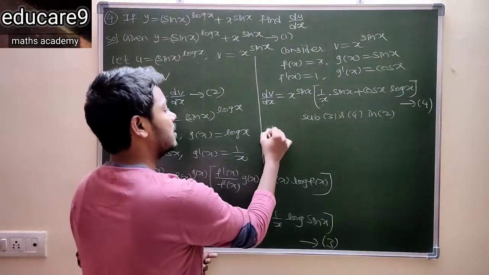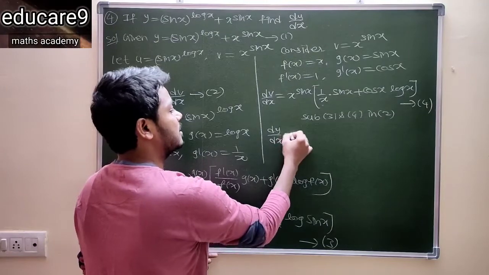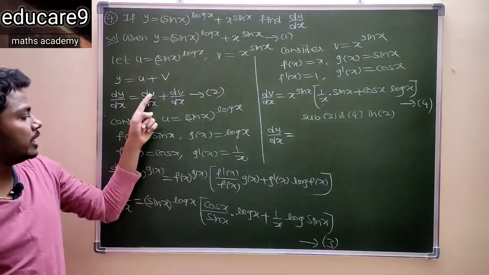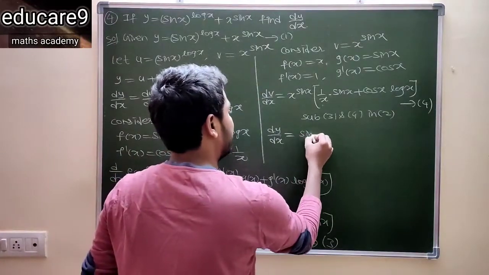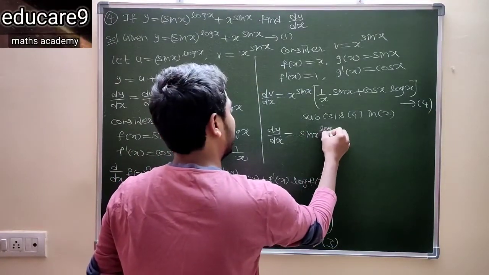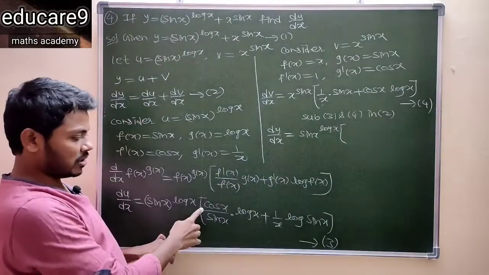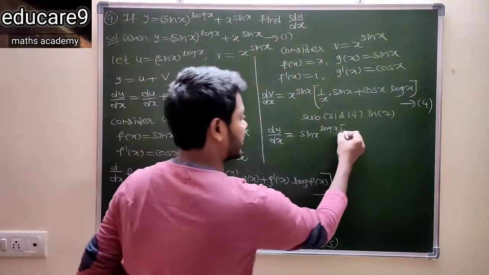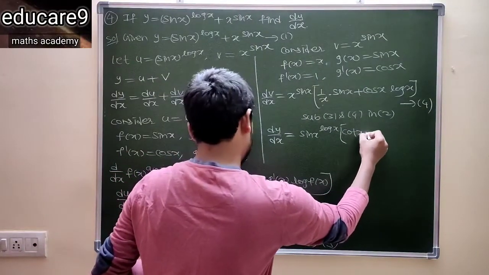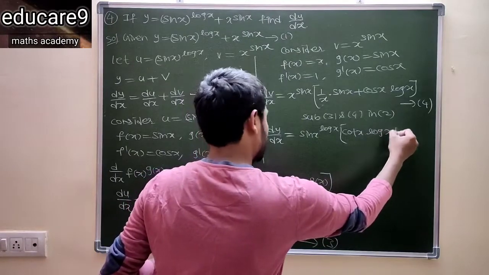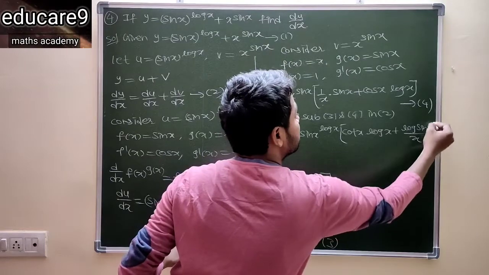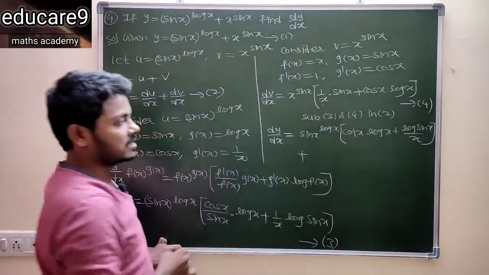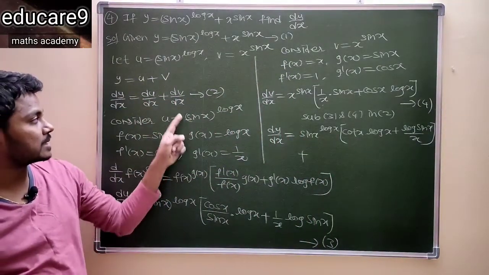That is dy by dx is equals to what? Du by dx, this one. So write this thing. Sin x power log x into cos x by sin x, that is cot x into log x, plus log of sin x by x, plus dv by dx.